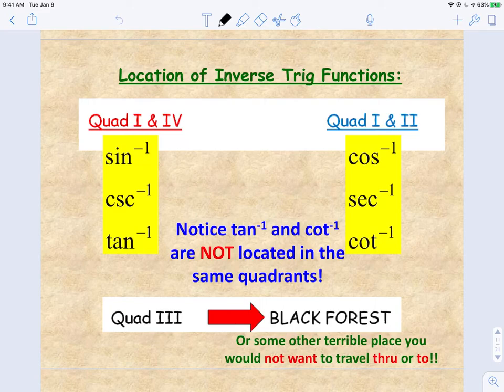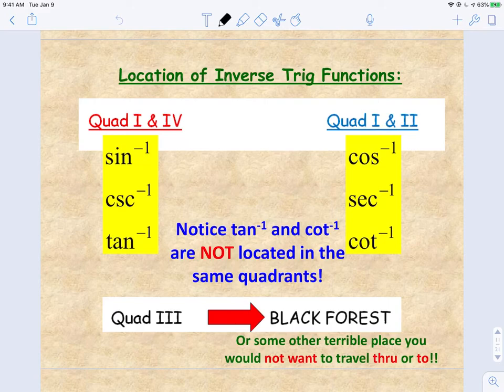So depending on whether the ratio that you are given to find the inverse trig function of is positive or negative, that will determine which quadrant you need to look in.